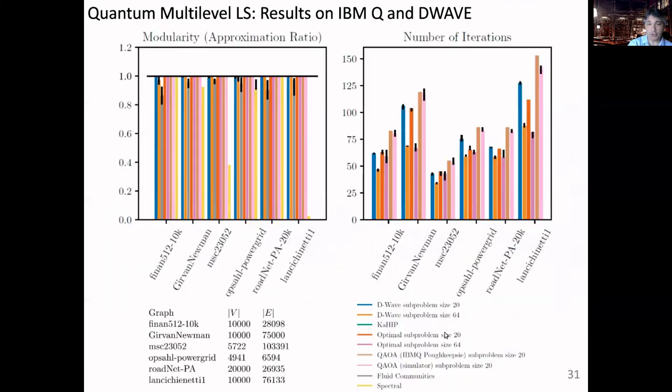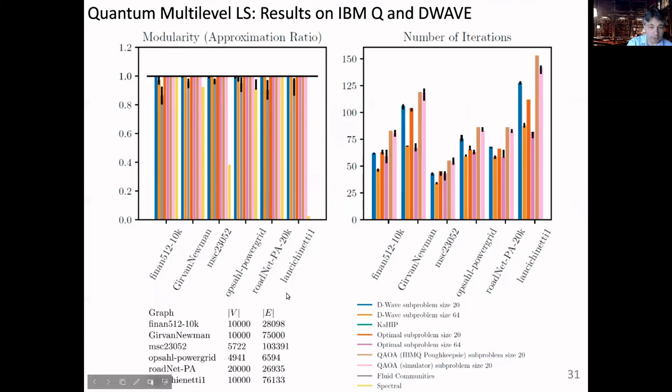All right, so let me show you some results of the quantum multi-level local search, and these are the results using the calls for the IBM Q gate-based device and the D-Wave.